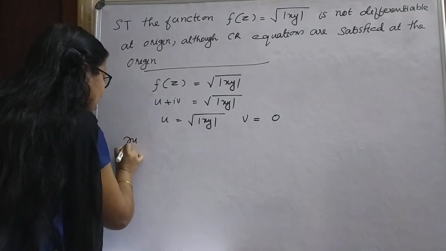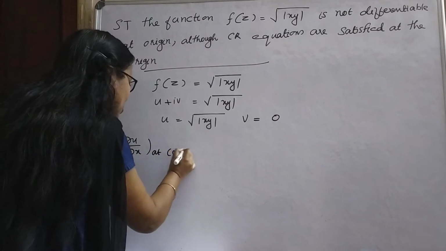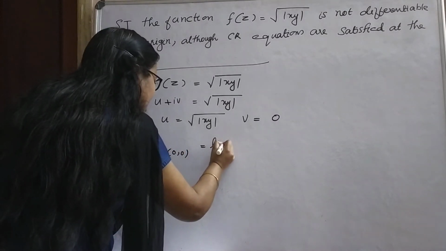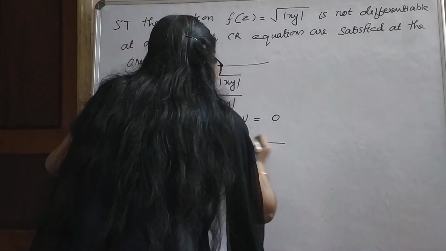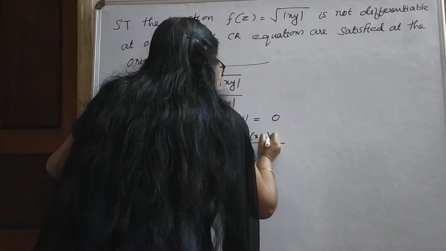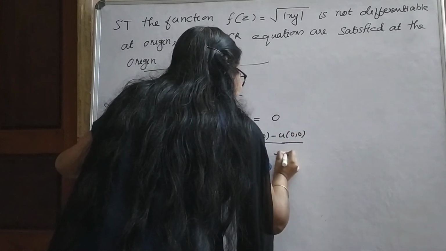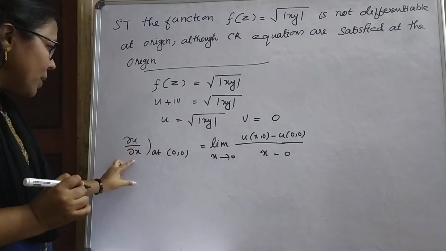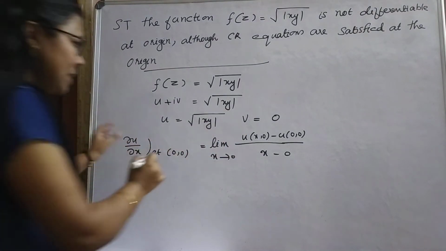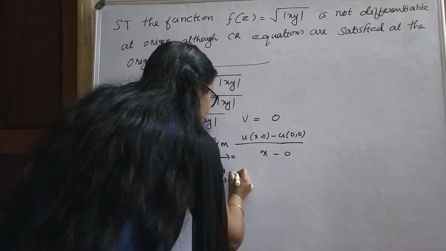The formula for dou u by dou x at origin 0, 0 is limit x tending to 0 u of x comma 0 minus u of 0, 0 by x minus 0.